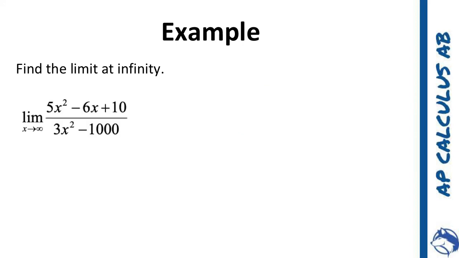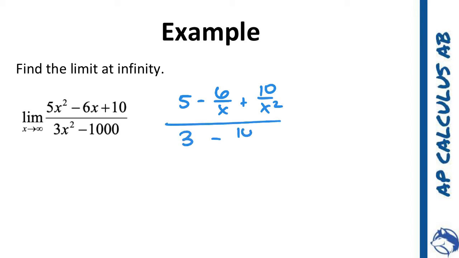And on this one, what we might want to do is try and take out the x squared. So if I do that, I can write this as 5 minus 6 over x, so I'm just going to divide each piece by x squared, and that's all over 3 minus 1,000 over x squared. Right?